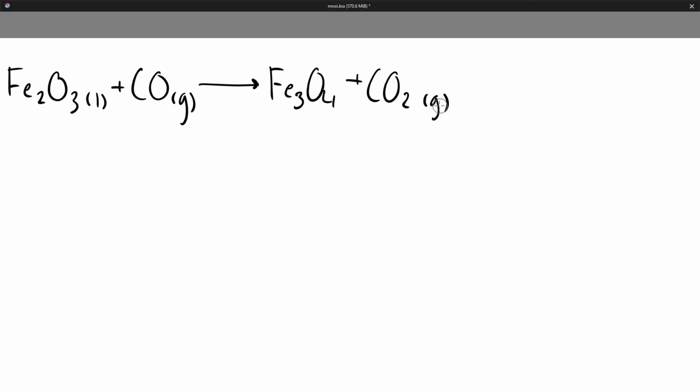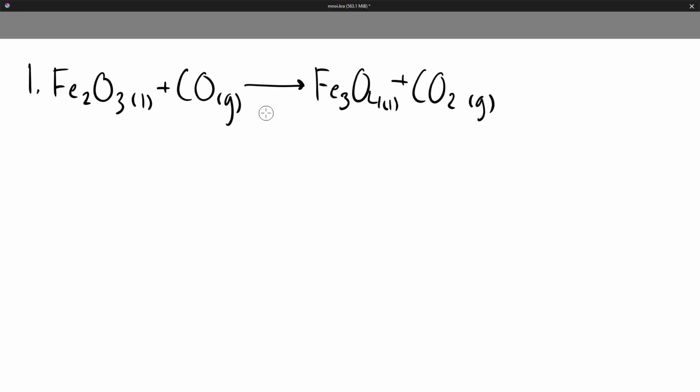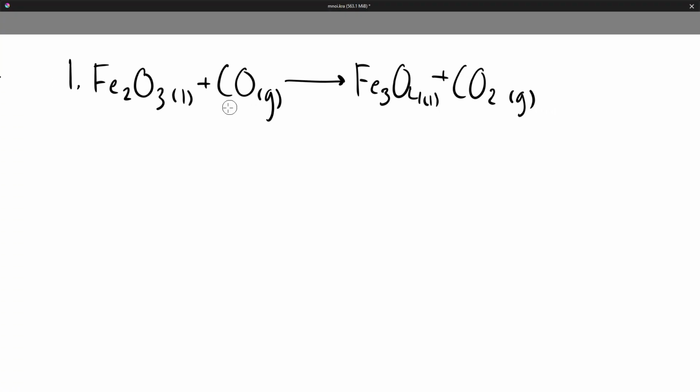And for these, you want gas for carbon dioxide and carbon monoxide, and liquid for these, since they're in a furnace. They're being melted together. Okay, so that's the first step.